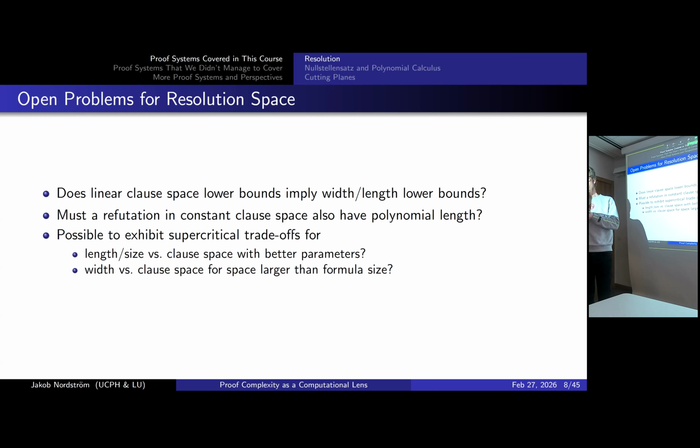But it's known by results from Razborov and others that this can incur an exponential blow up in proof length when you minimize the width of the refutation. We know this is inherent. There are formulas for which this has to happen.